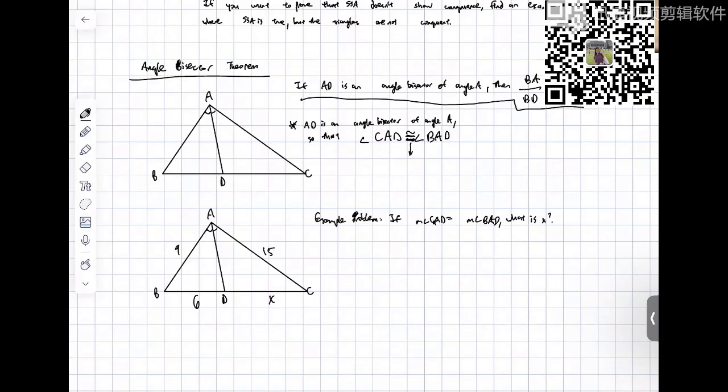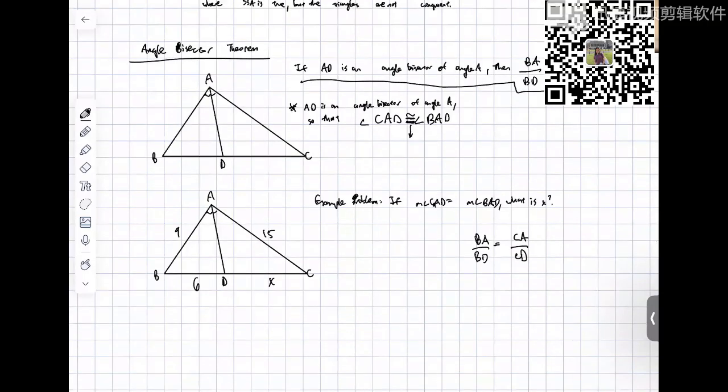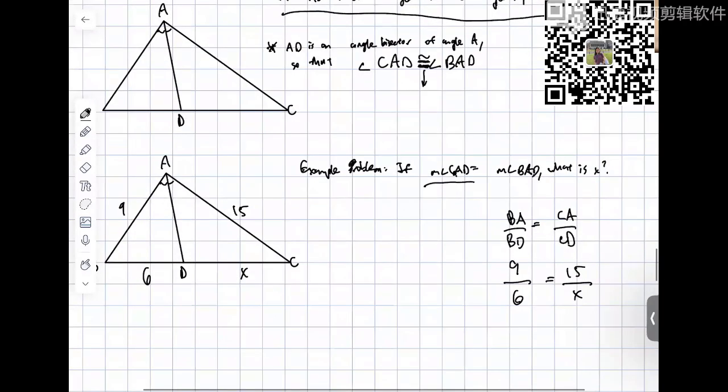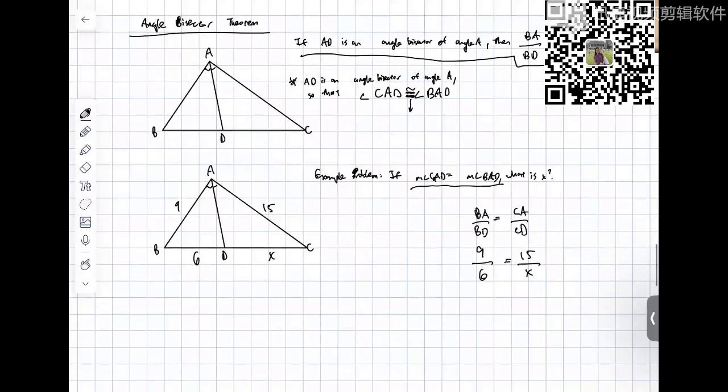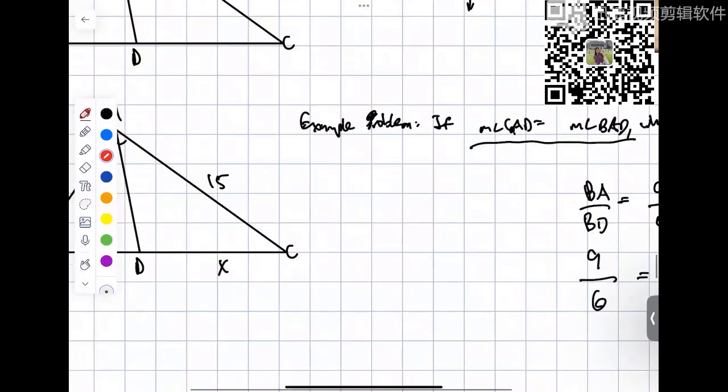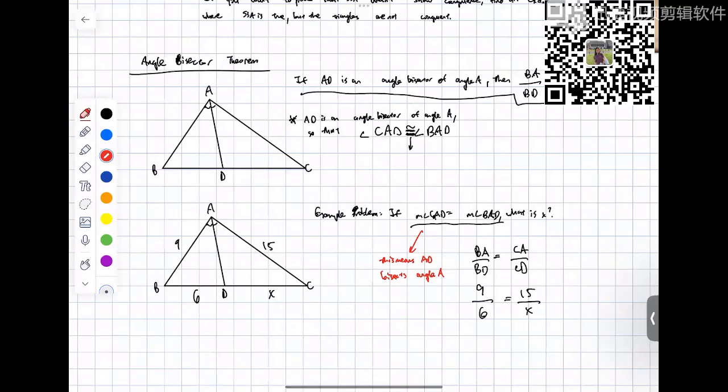How would you use the theorem? I'm going to start writing it. Let's say we have BA over BD equals CA over CD. And BA equals 9, so we can write 9 over 6 equals 15 over X. And we know this because measure of angle CAD equals measure of angle BAD, which means that AD bisects angle A. I just wanted to express it in a different way to make you think a little more.